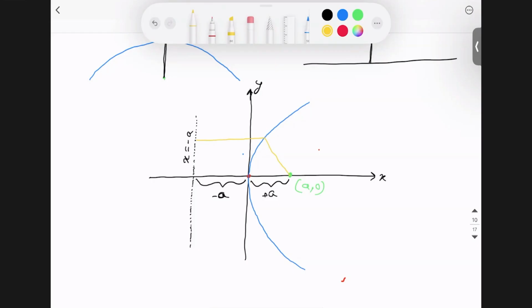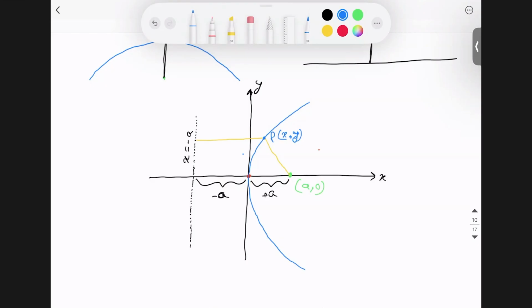So now, if I consider a point P on the parabola, then we need to find the equation in the form of x and y, so that all the points on this parabola satisfy that equation.